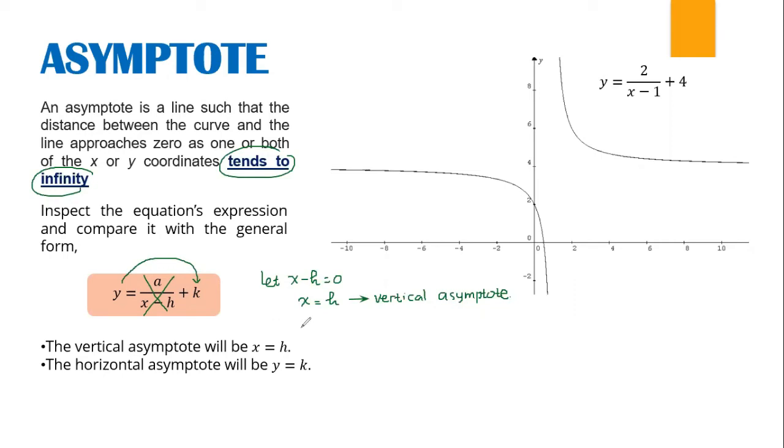So the horizontal asymptote is y equals k.